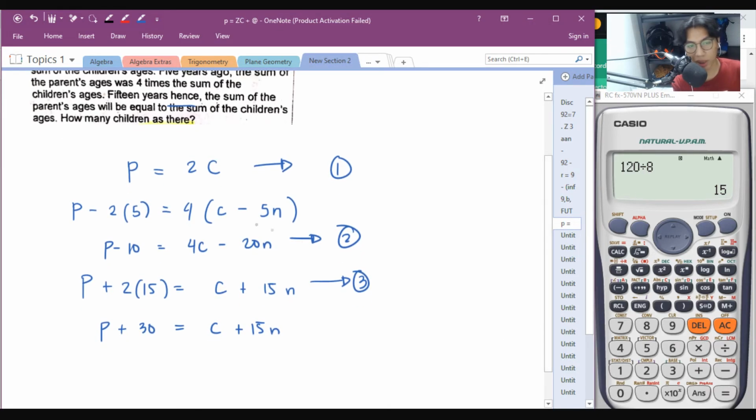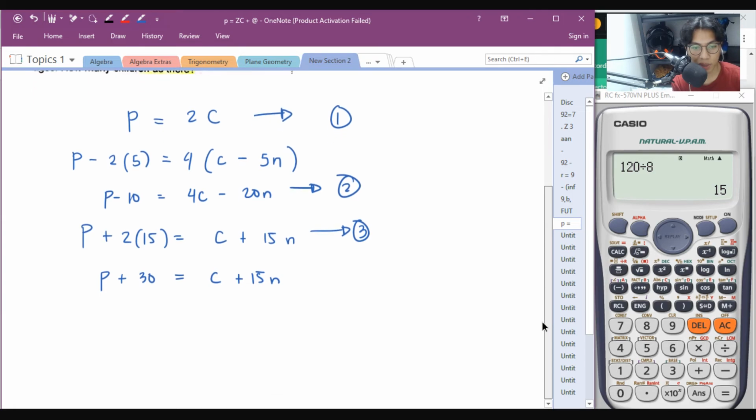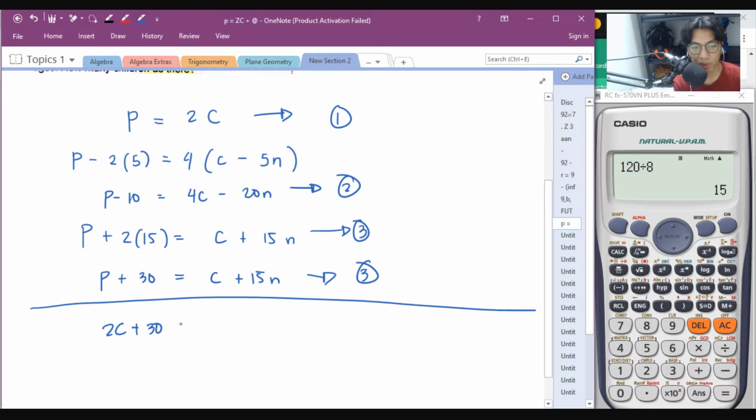Okay? Pwede na nating ipasok yung value dito para mahanap natin yung C. So, this will become P equals 2C. Ito na. Ito, pasok ko muna dito. Tapos dito. Simultaneous ha. This is condition number 3. Same lang naman yan. Pasok ko to. 2C plus 30 equal to C plus 15N.